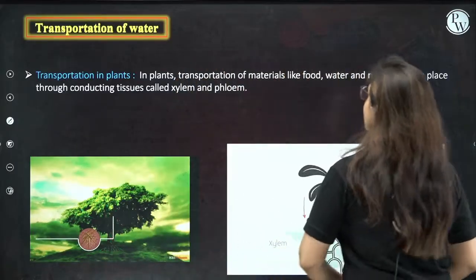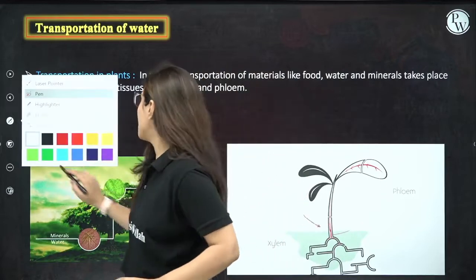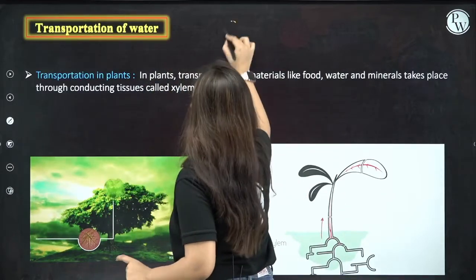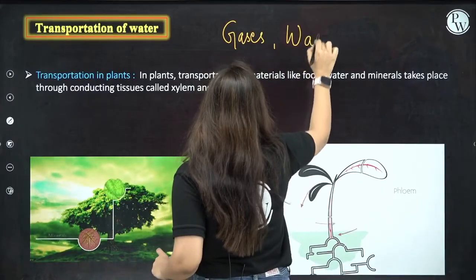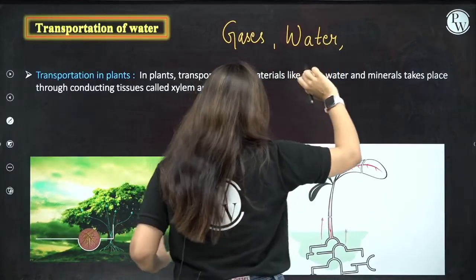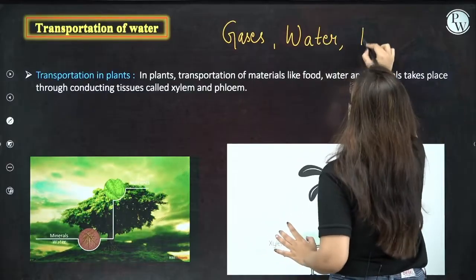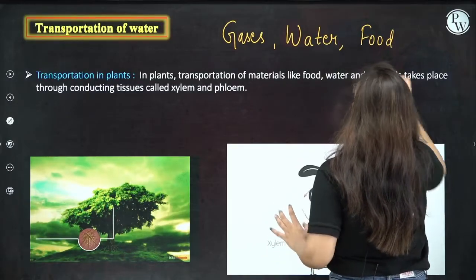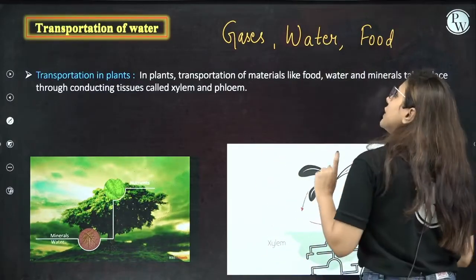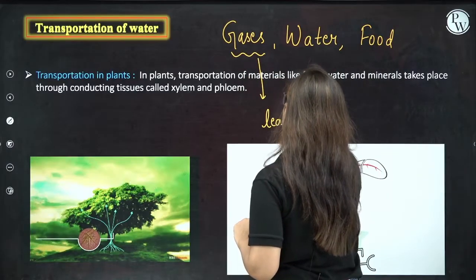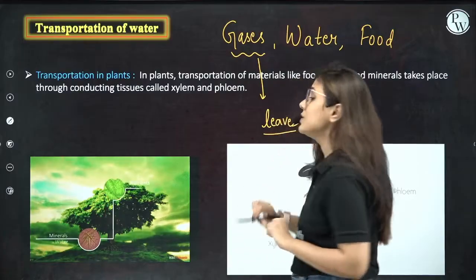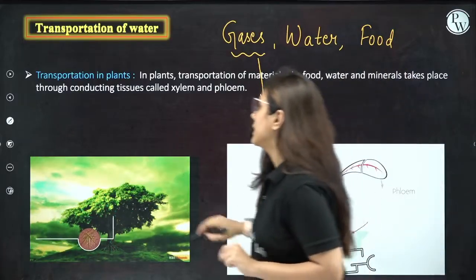In plants, the substances that are to be transported are obviously gases, and then there is large amount of water because plant needs lot of water, and food. So in case of plants it is completely different, because when I talk about gases, for gases we have leaves. The transportation happens with the help of leaves. Let's take a blank page.